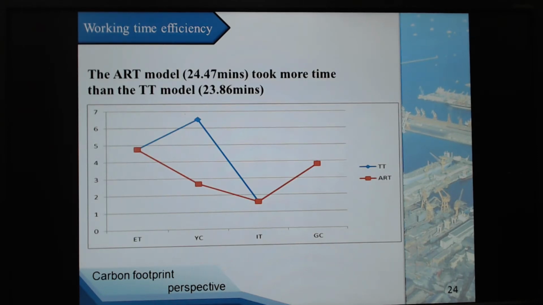So we can see this figure just shows the working time efficiency. The color about ART is about 24.47 minutes. TT is 23.86. That means the TT is moving quite faster compared with the ART.